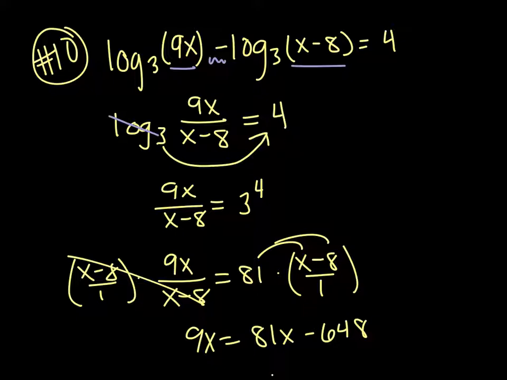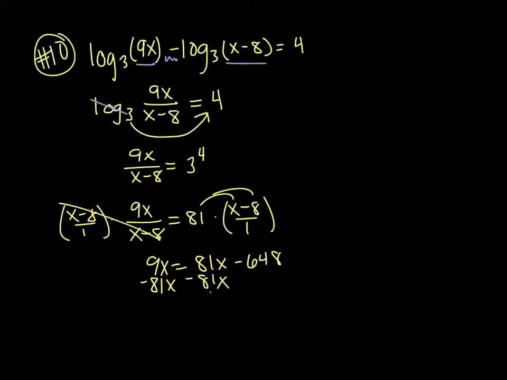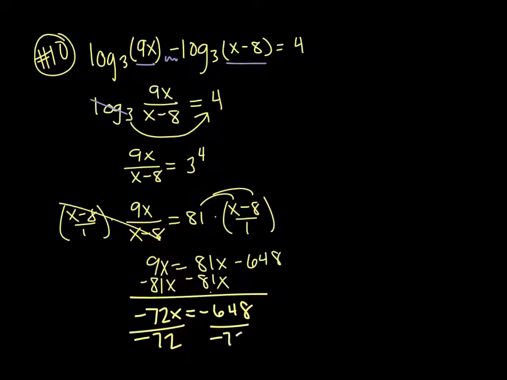So I'm going to subtract 81x, subtract 81x, and get negative 72x equals, that negative stays with that 648. And then just divide. So x will be positive 9.